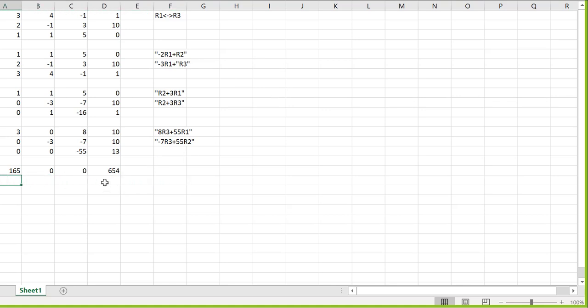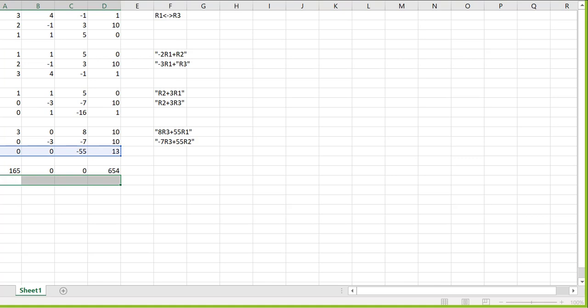When we come down, we select our region, Shift left click, and then we come up here and we go Enter. And this time we want negative 7 times, our row 3 is still A15 through D15.